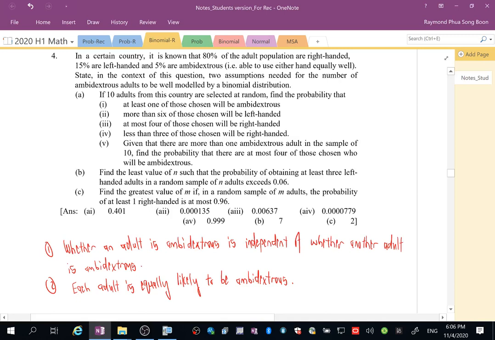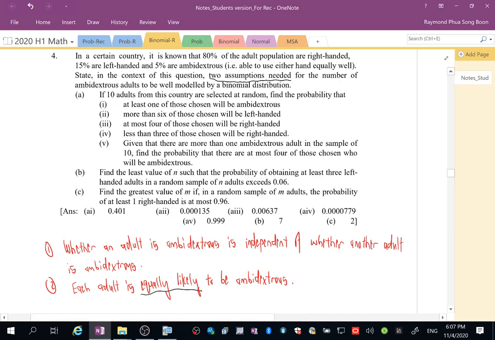So again, to start, the question asks you to state the two assumptions needed in order for the number of ambidextrous adults to be well modeled by a binomial distribution. So the two assumptions will be, again, the probability of success must be constant for each trial. So to fit into this context, you will say each adult is equally likely to be ambidextrous.